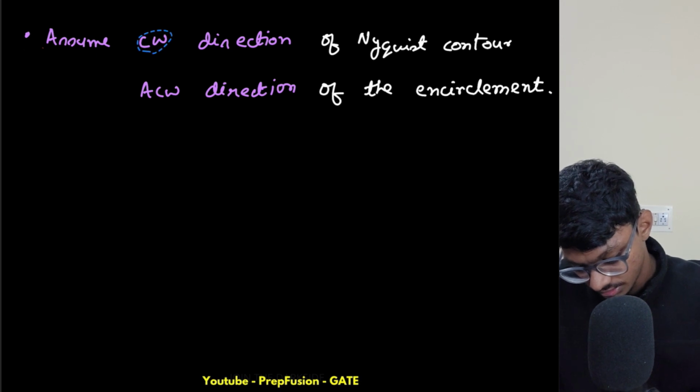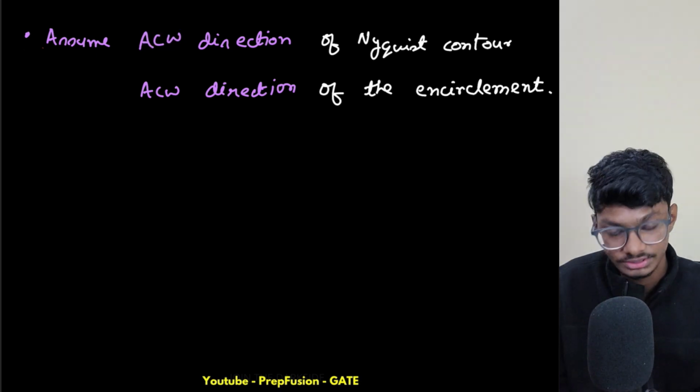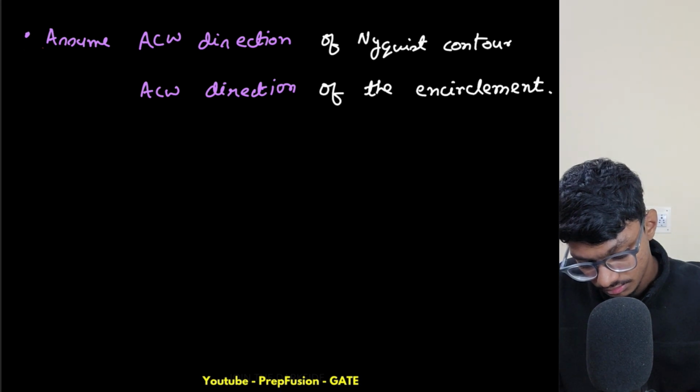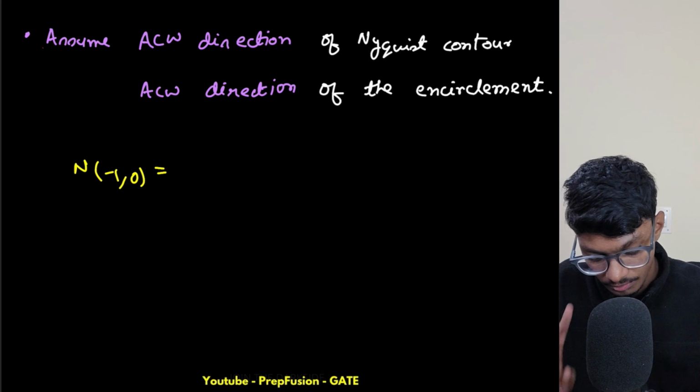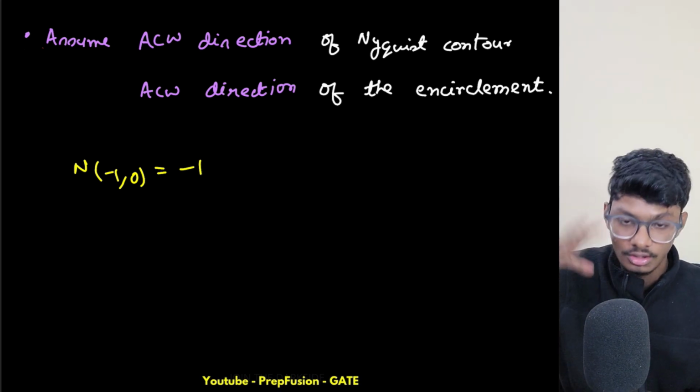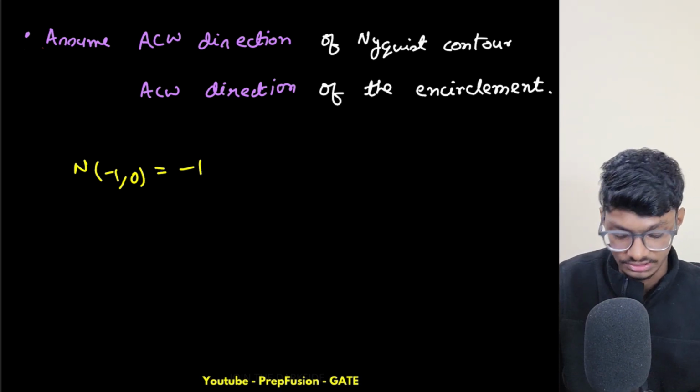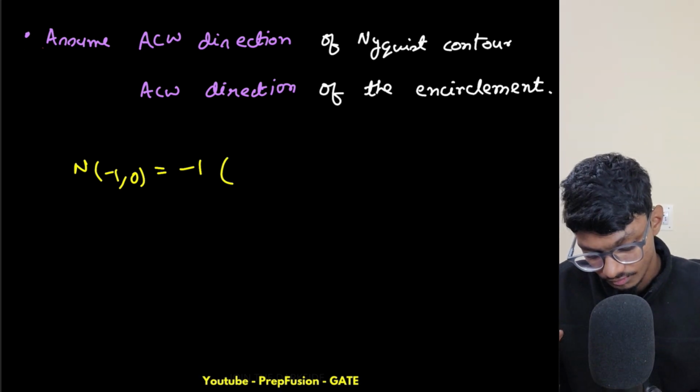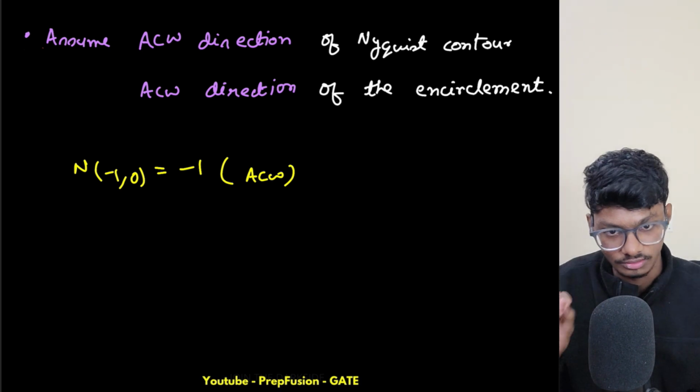This is anti-clockwise. Now this is anti-clockwise, then my N at minus 1 comma 0 is minus 1, because I'm expecting a clockwise encirclement, the opposite direction of encirclement. So N is minus 1, and they have given us in the question an anti-clockwise encirclement.